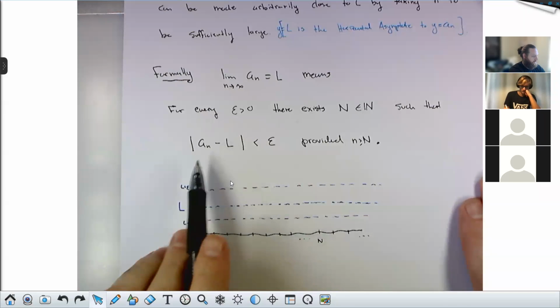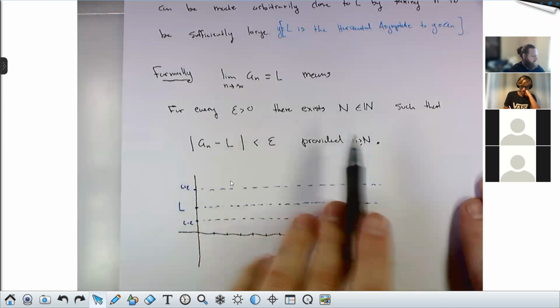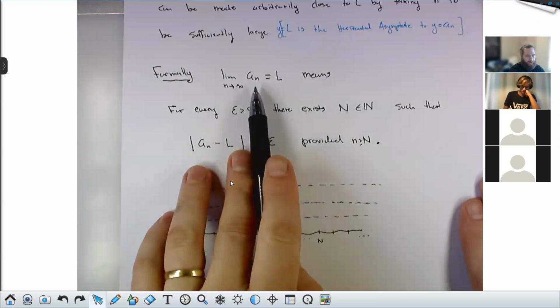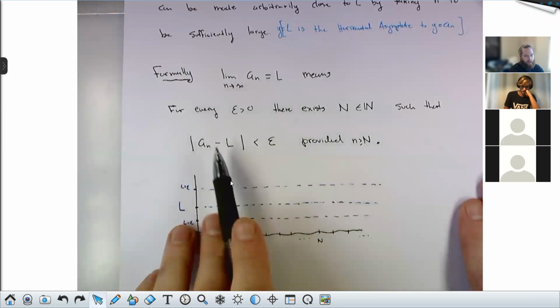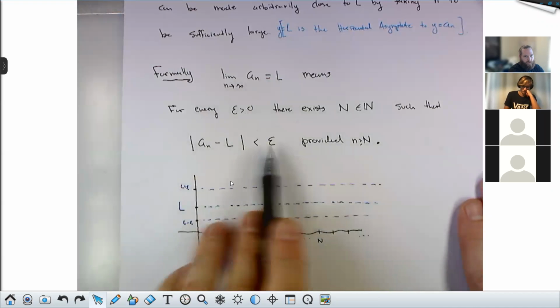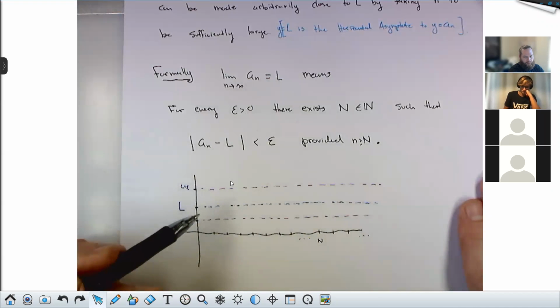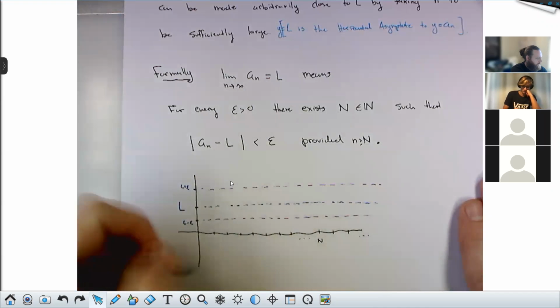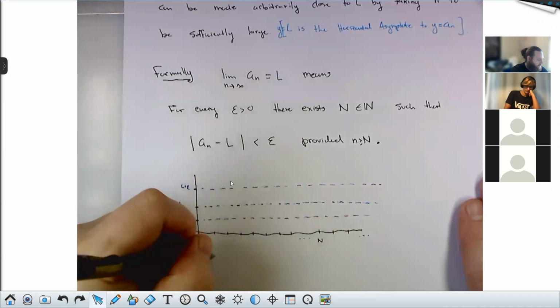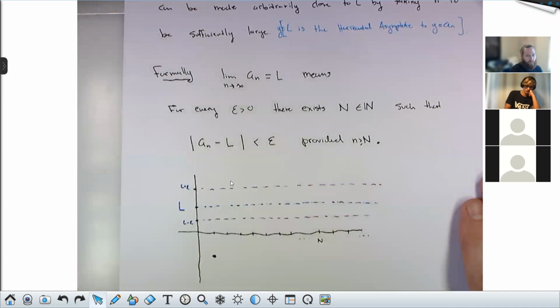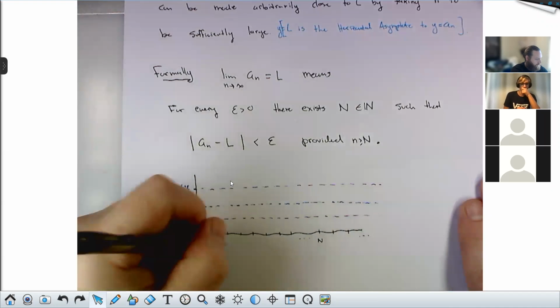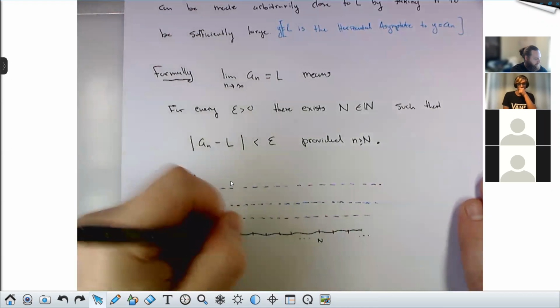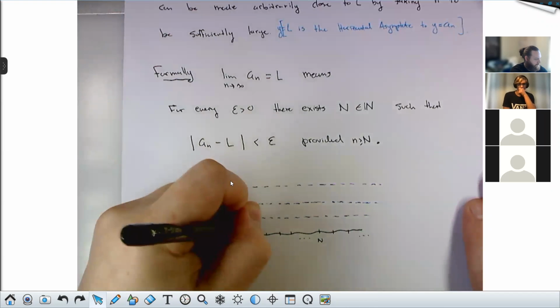And what this definition says is that a_n has the limit L if a_n stays within this epsilon window as long as n is bigger than some capital N. So maybe a_1 starts way down here. Kind of starts creeping up, creeping up, creeping up.